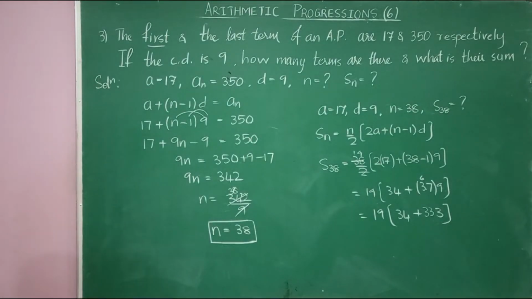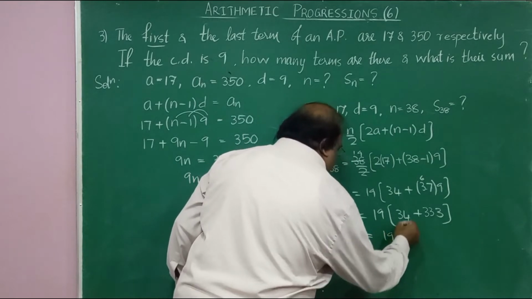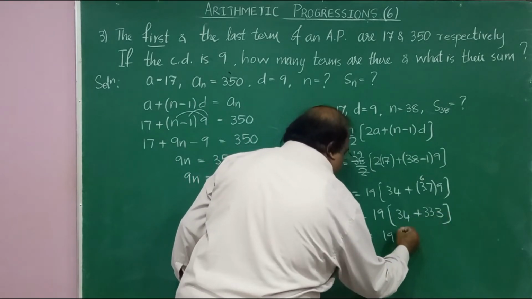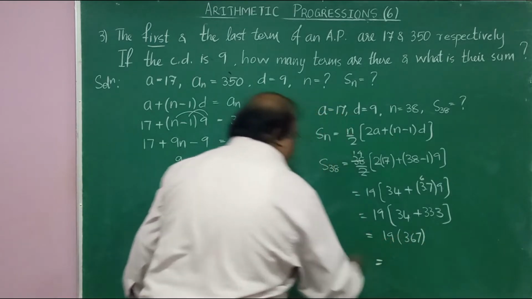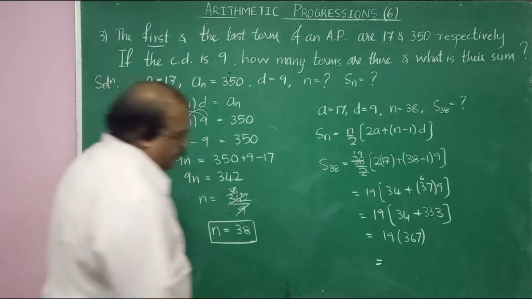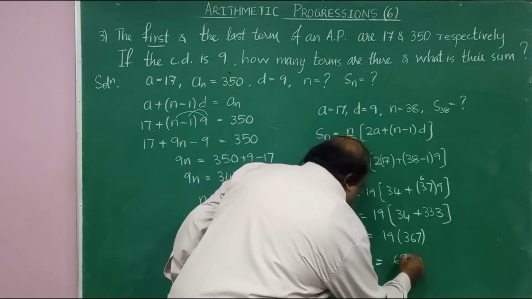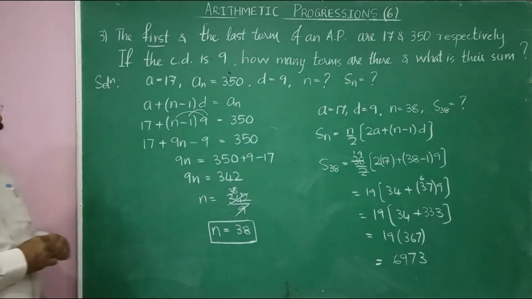So what will I get in the next step? 19 into 34 plus this becomes 367. So what's going to be your answer? 19 into 367, that is 6973.